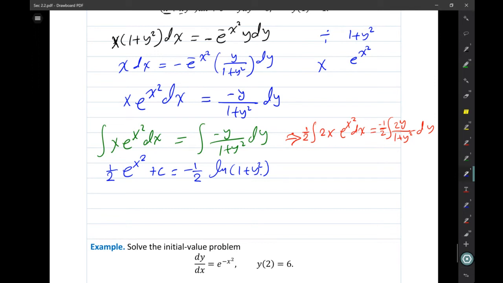The solution becomes ln of 1 plus y square equals minus e to the power x square plus c naught, a constant, because when we multiply by 2 the constant becomes minus 2c, which I call c naught.